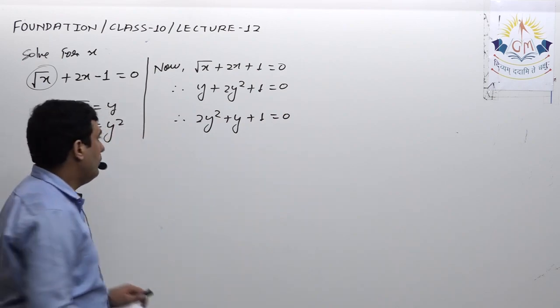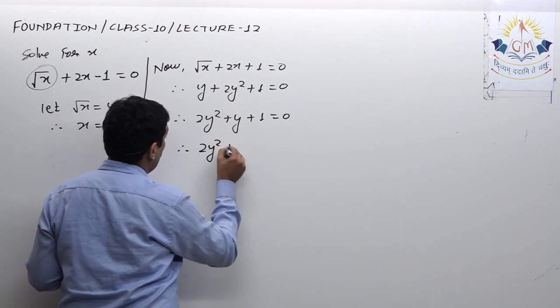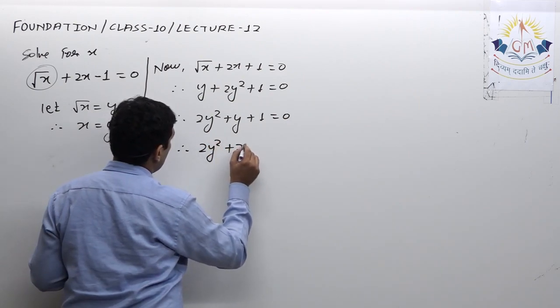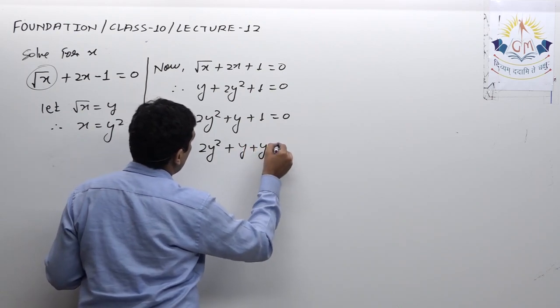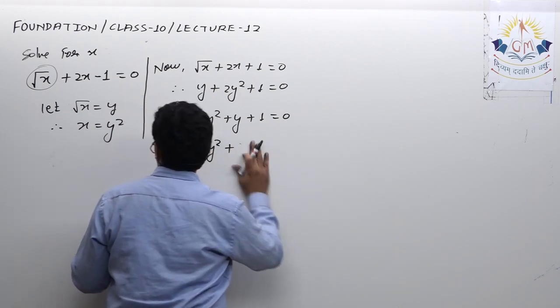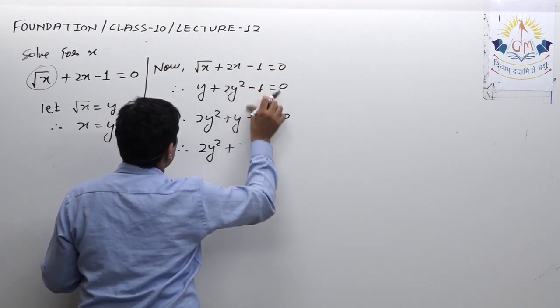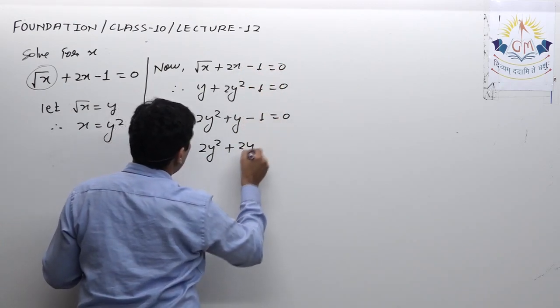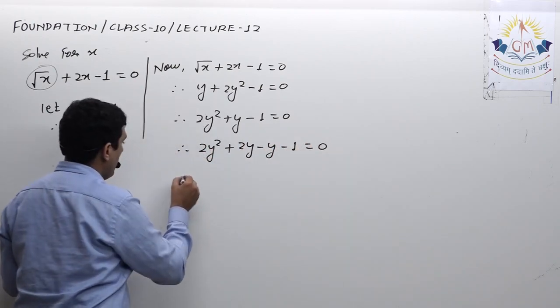Okay, now what will be the value of y? So 2y square plus 2y minus y minus 1 equal to 0.